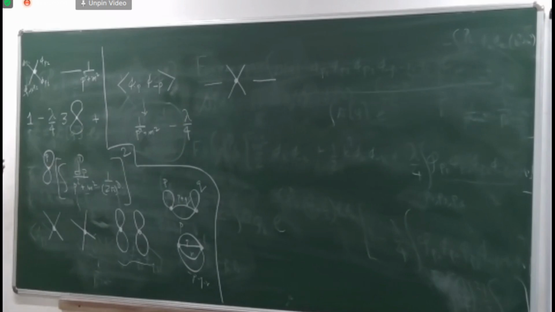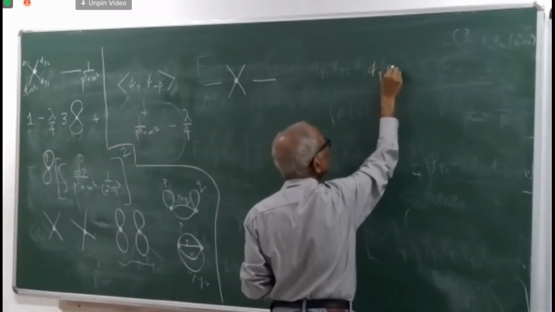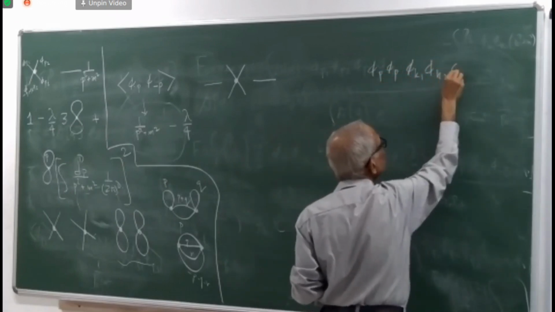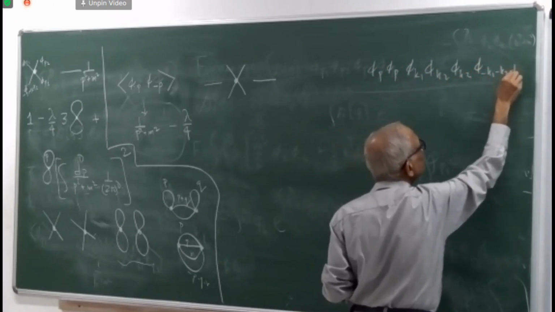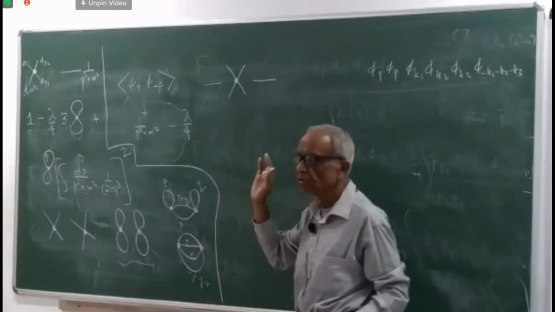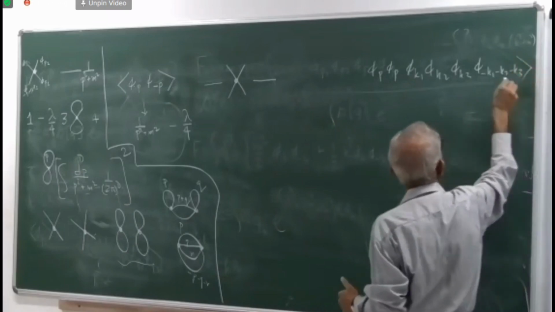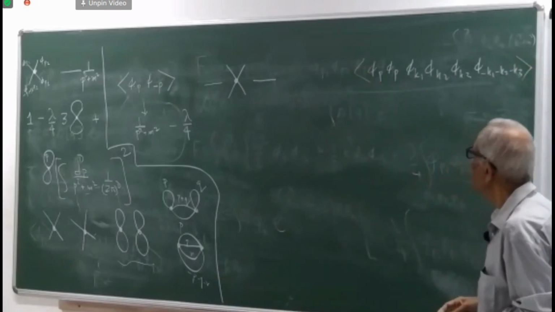So I have a minus lambda over 4, and then you have this phi p, and then you have phi k1, k2, k3, phi minus k1, minus k2, minus k3. And there is a lambda over 4, which I have written over here. And I have to consider the expectation value of this over here.